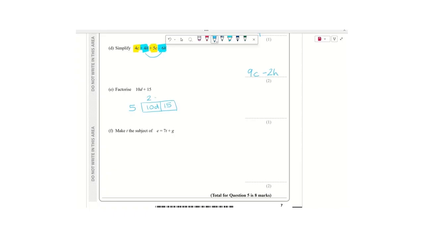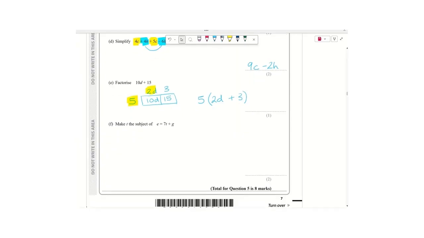There must be 2D, because 5 times 2D gives me 10D. And then how many 5s are there in 15? There are 3. So when I factorise it, I have my 5 outside the bracket, and then I've got 2D plus 3 inside.